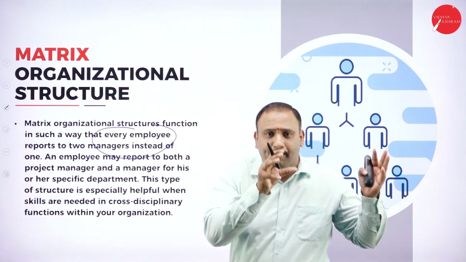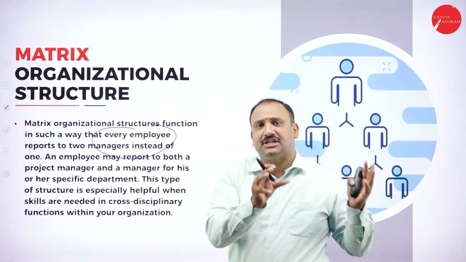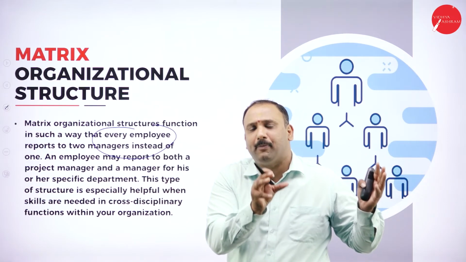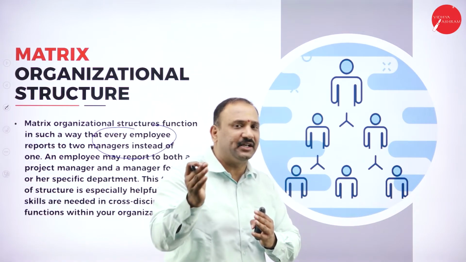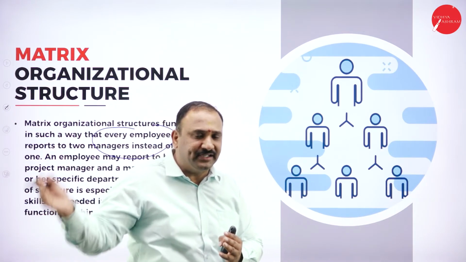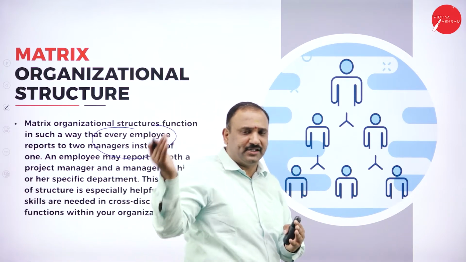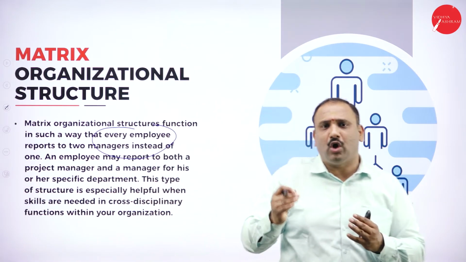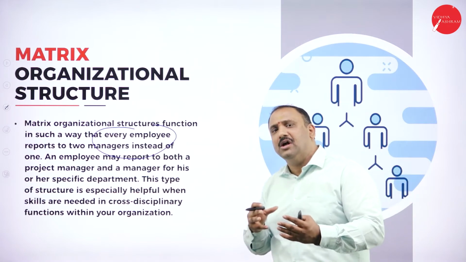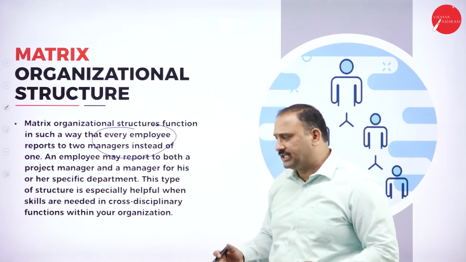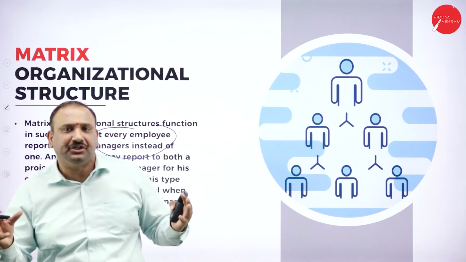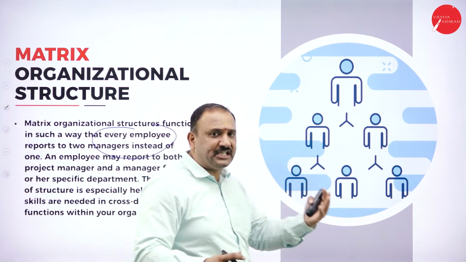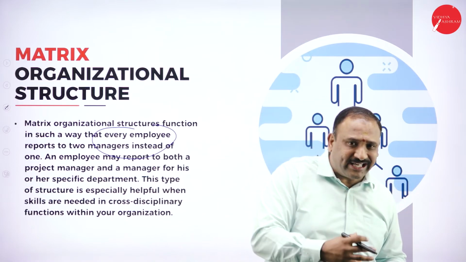You have a manager in your local station who is your immediate reporting boss, who is also a part of the project, and then you have another manager who is parallelly located in another part of the world or another geography altogether, who is also like a superior, who is also from a cross-disciplinary function for the team. So what happens here is that you will get the right mix and match in terms of leadership, where you will see there is a functional manager, there is also a technical manager.